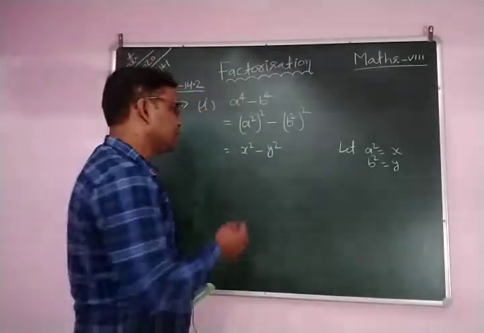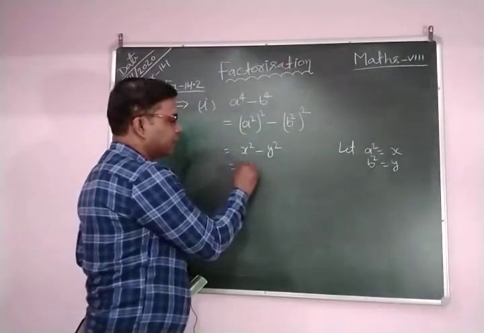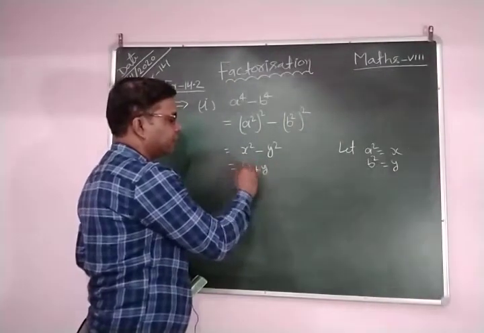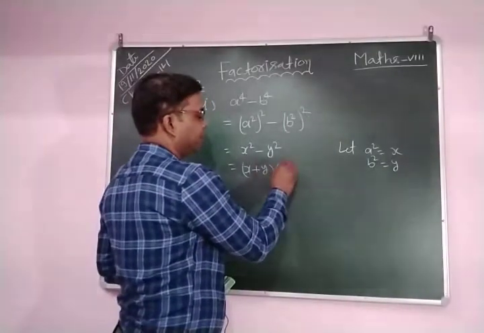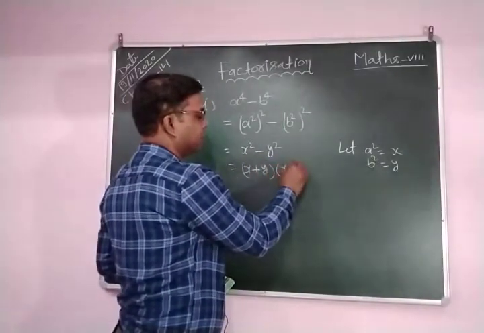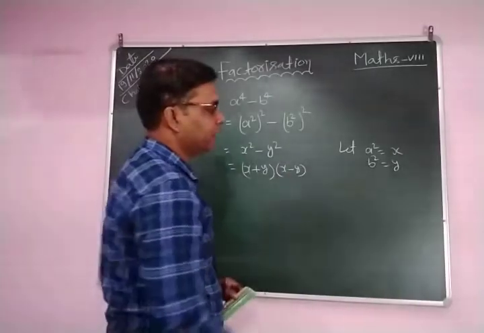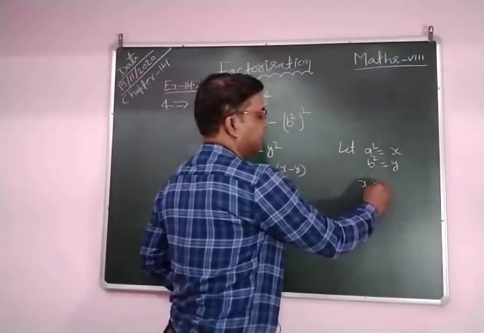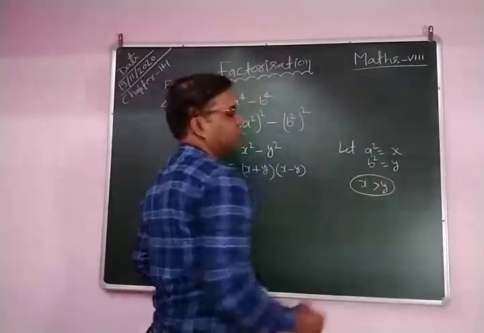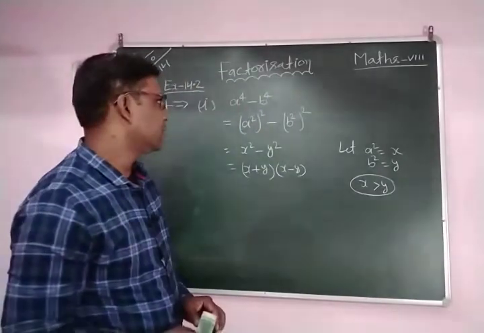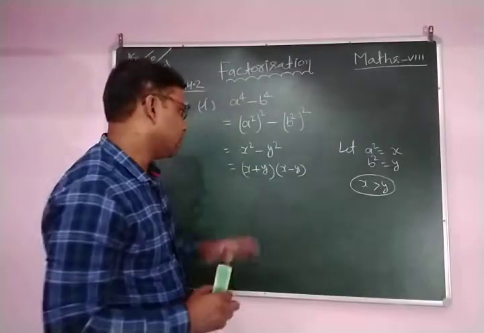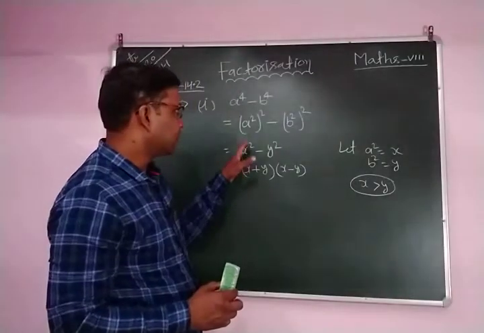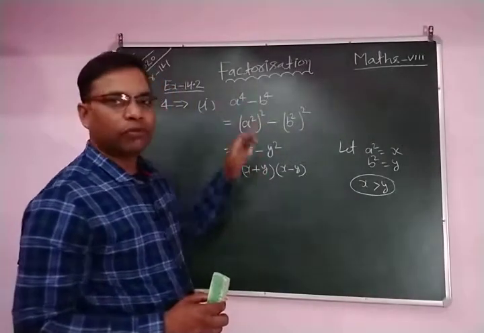Sum of the numbers means x plus y, into the difference of the numbers x minus y, where x is greater than y. Clear? When x is greater than y, then this is possible. Now you can find the factorization of a to the power 4 minus b to the power 4.